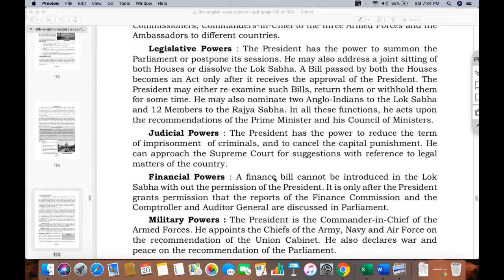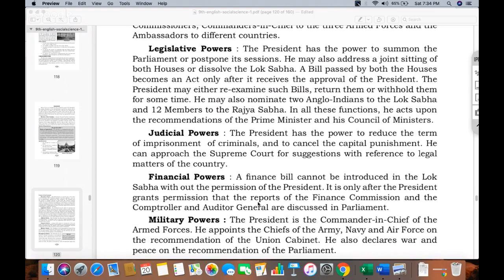Suppose a bill has been sent to the president where a lot of legal procedures have been discussed. A president may not have good knowledge of legal procedures. So in that case, if he needs any particular suggestion, he can approach the Supreme Court for that, and he can get that suggestion.